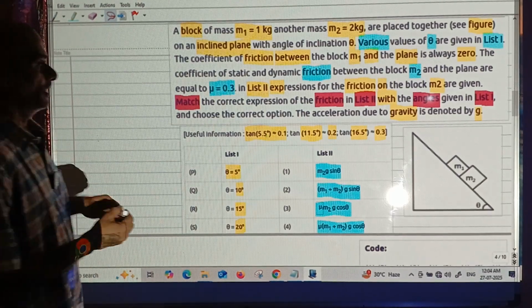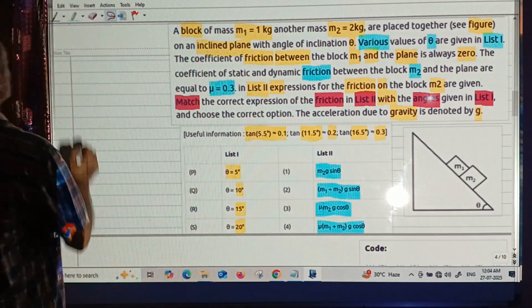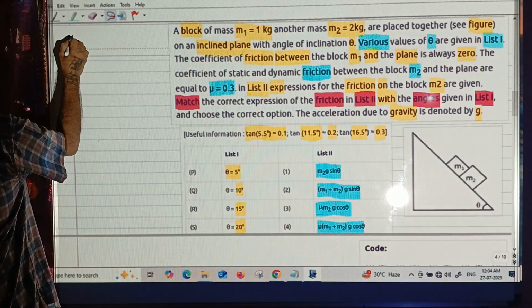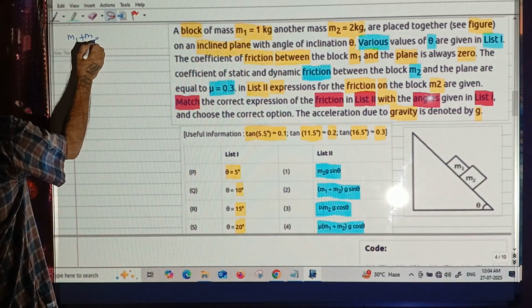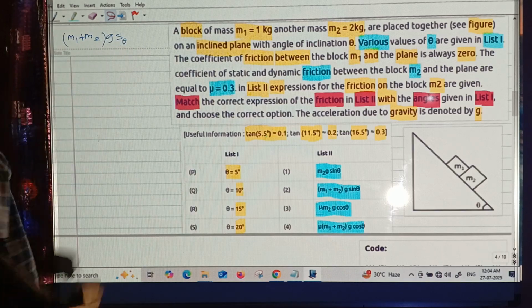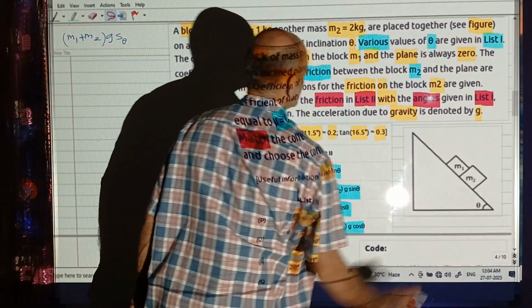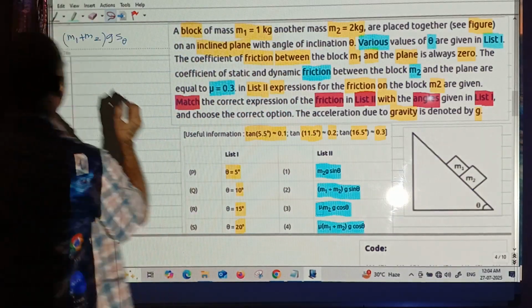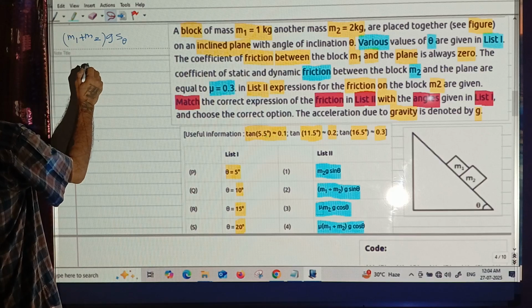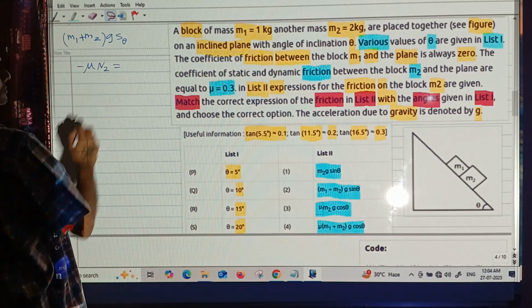So the force acting on this block down the plane is the weight component, (M1 plus M2) g sin theta, since they are moving together and I can take them together. The friction force is upwards and acts only on this M2 block. It will be in the upward direction because the block is trying to move down, mu into N2.